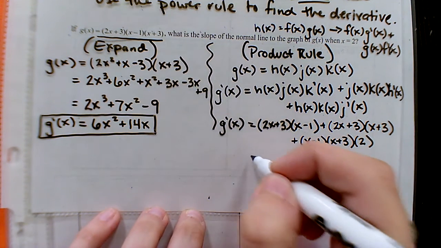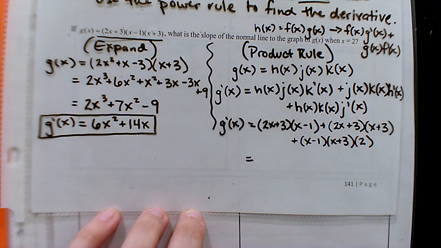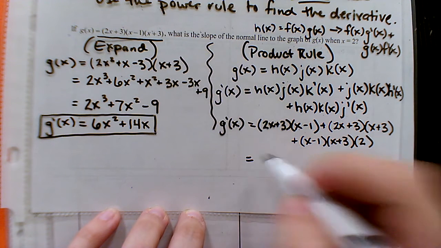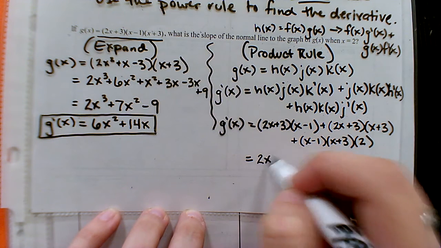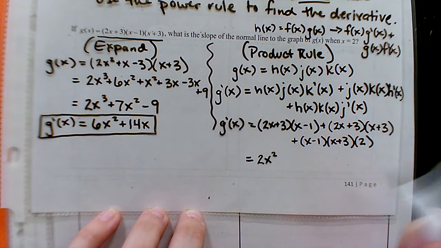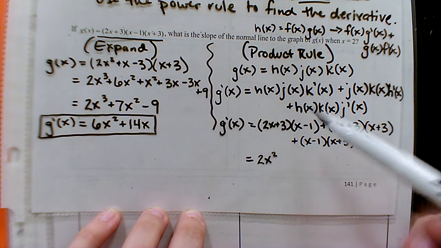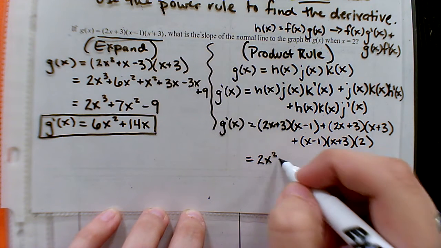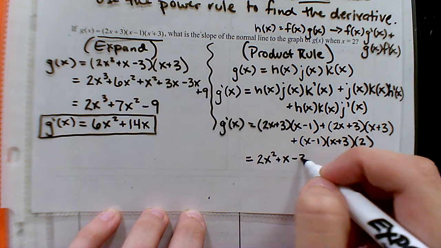Okay. Now we still have some cleaning up to do. But we're going to expand it. We're going to get rid of those parentheses. So FOIL process on the first 2. 2x squared minus 2x plus 3x would give us an x, then minus 3.